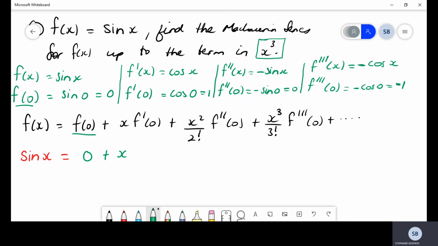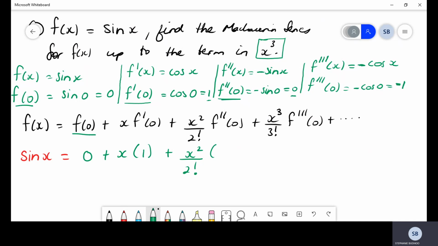And what was our first derivative at 0? Our first derivative at 0 was actually 1. Then you have x squared on 2 factorial. Now we're going to find out what's the second derivative at 0. We got the second derivative at 0 to be equal to 0 again.